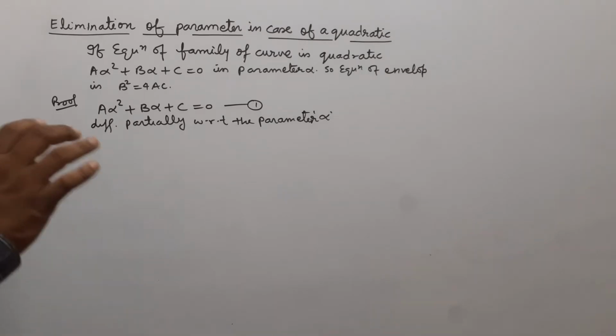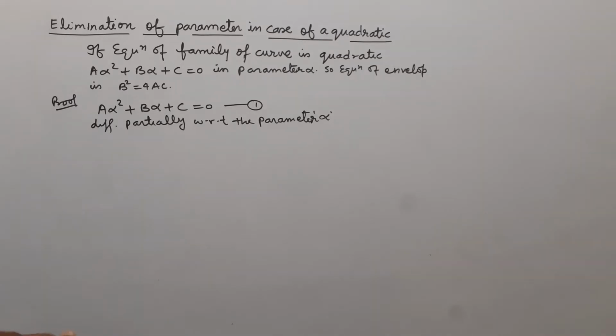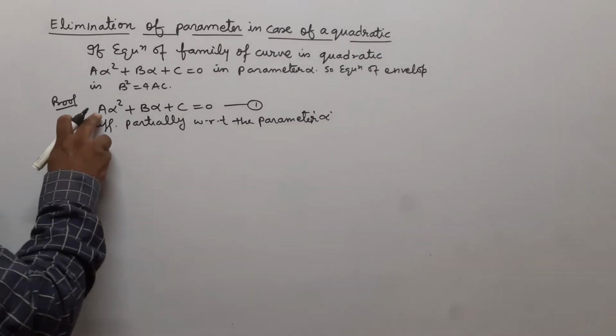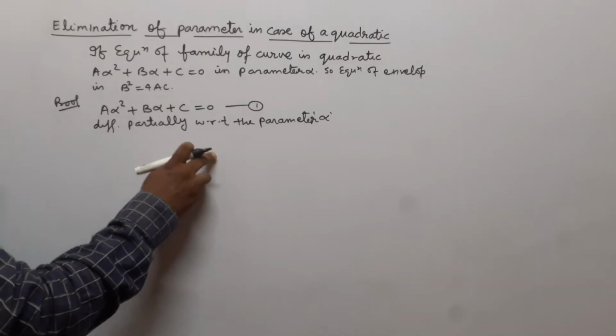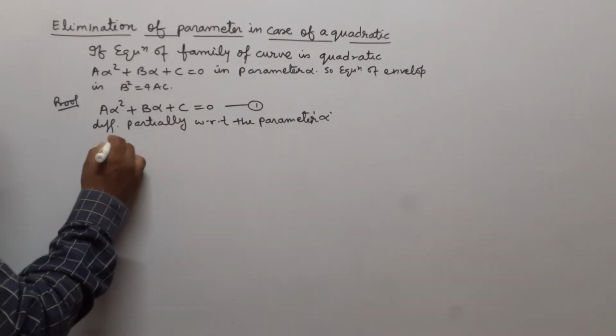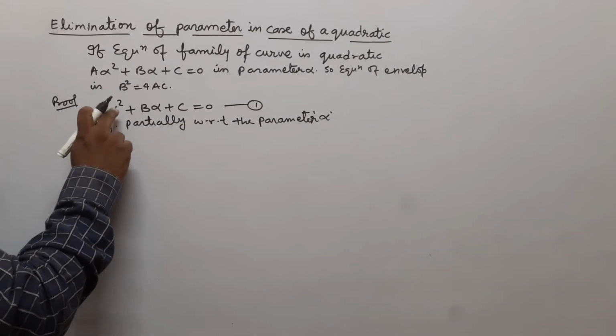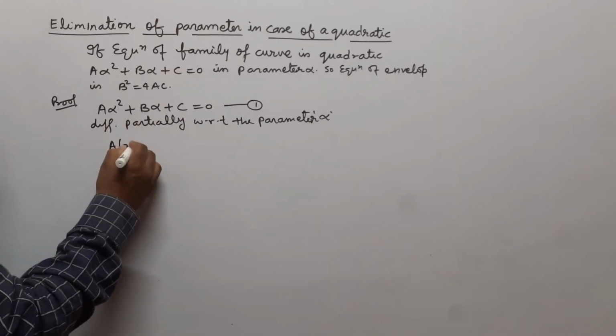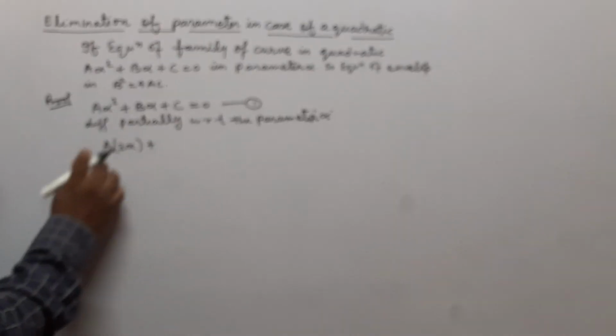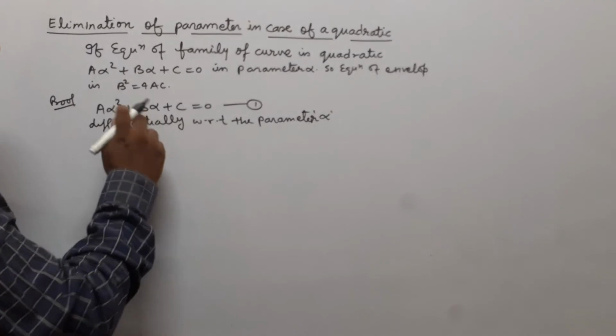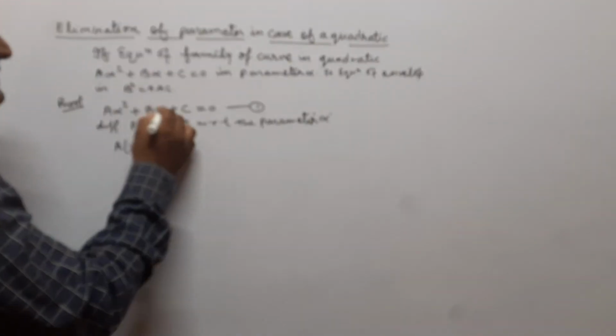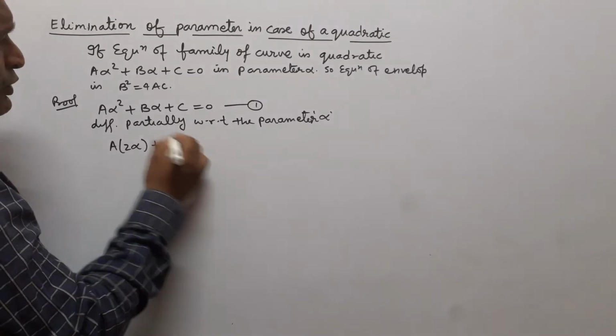So first we differentiate this partially with respect to the parameter alpha. When we differentiate a alpha square with respect to alpha, a is constant here, and the differentiation of alpha square with respect to the alpha parameter is 2 alpha. Similarly, when we differentiate b alpha, b is constant here, and the differentiation of alpha with respect to alpha is 1.